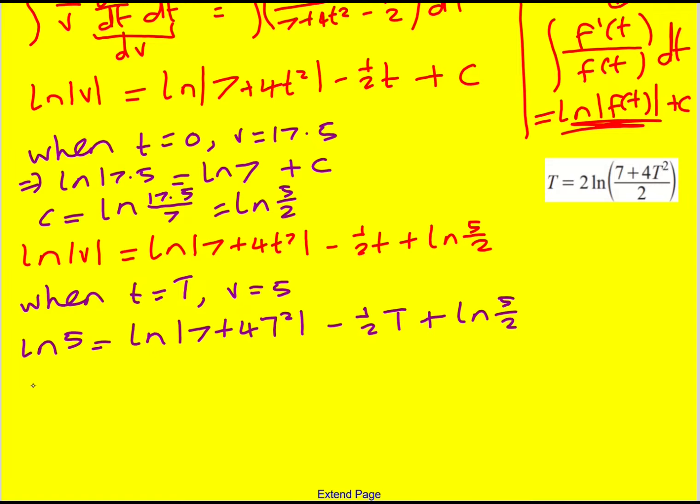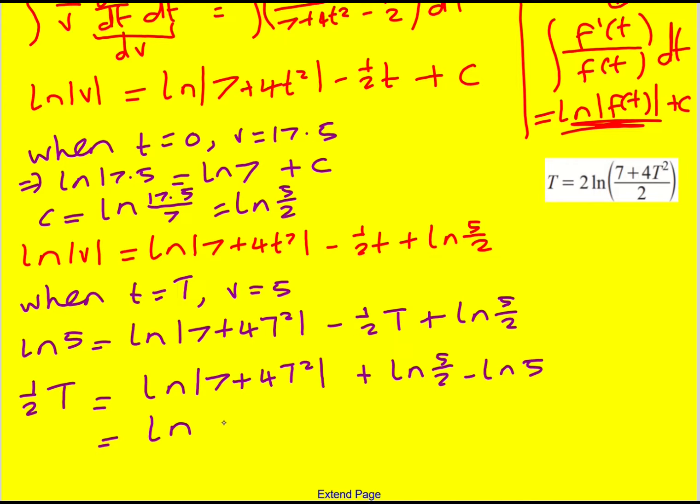What I can do is rearrange it slightly. So I'm going to get a half capital T is equal to ln 7 plus 4t squared plus ln 5 over 2 minus ln 5.